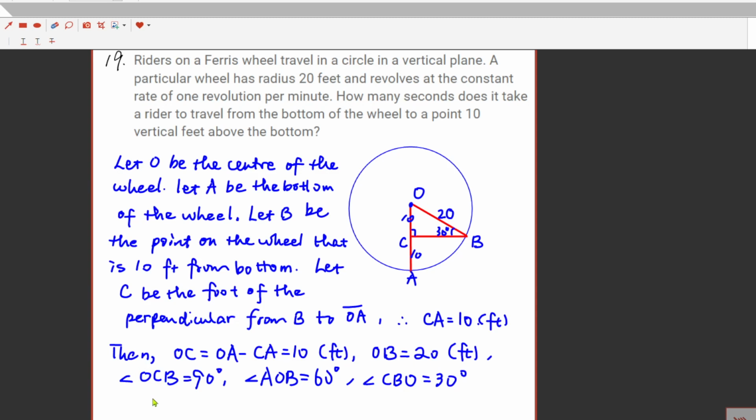It takes 60 times 60 degrees over 360 degrees, which is 10 seconds for the rider to go from point A to B, right?